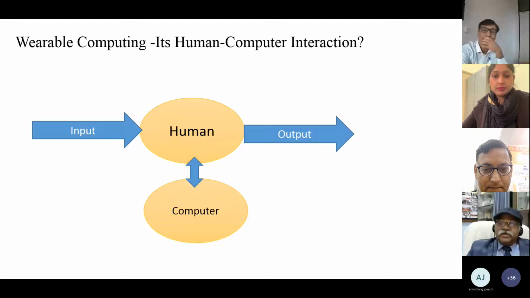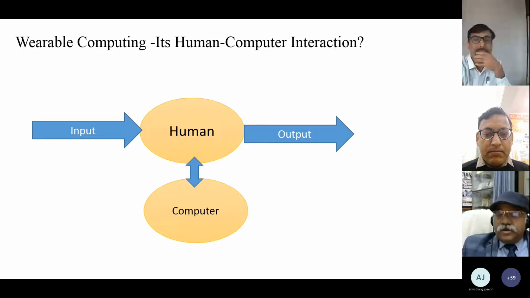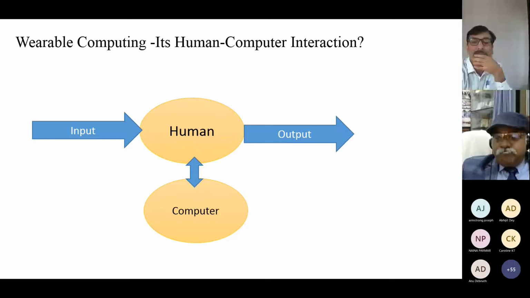Let me answer. Yes, it is human-computer interaction, whether known or unknown. I may be performing some activity, and some computing elements or sensors are observing me, collecting my information, processing that information, and sending some alert or information to some other location, and it is all automatic.